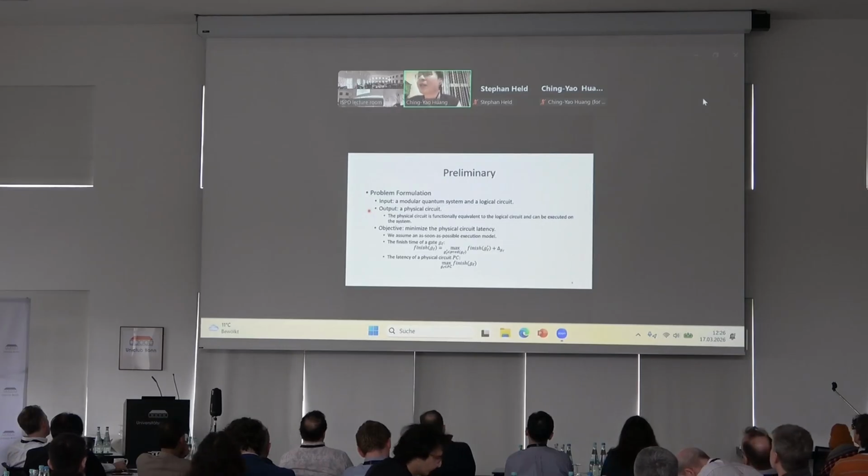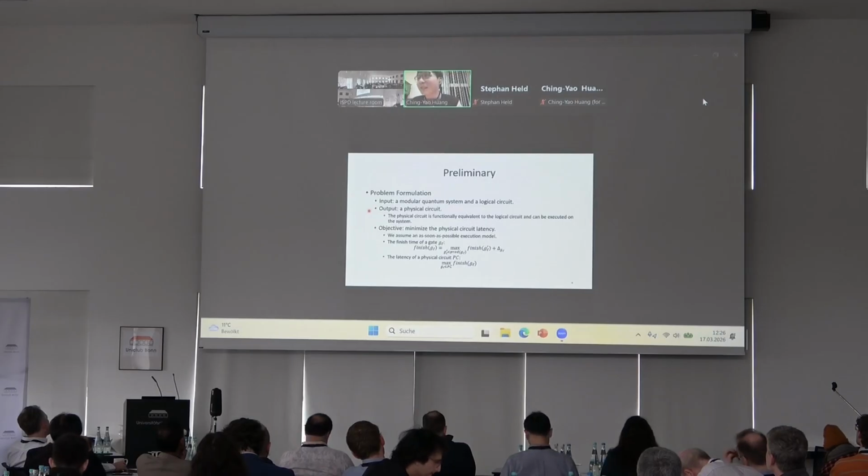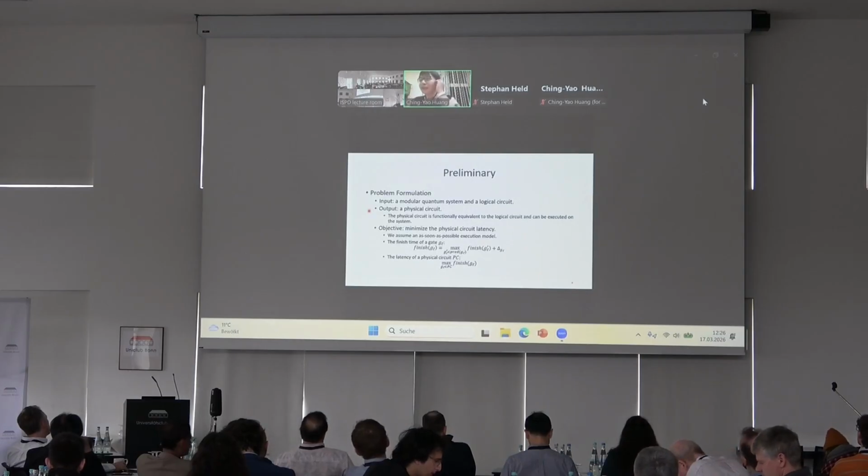In this work, we assume an as-soon-as-possible execution model, where each gate in the physical circuit is scheduled to begin as soon as all of its operand qubits are ready. Then the finish time of each gate and the latency of the physical circuit are defined as below.